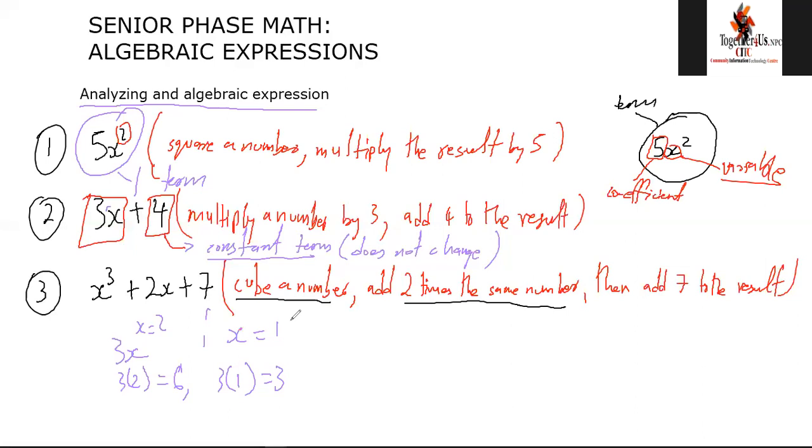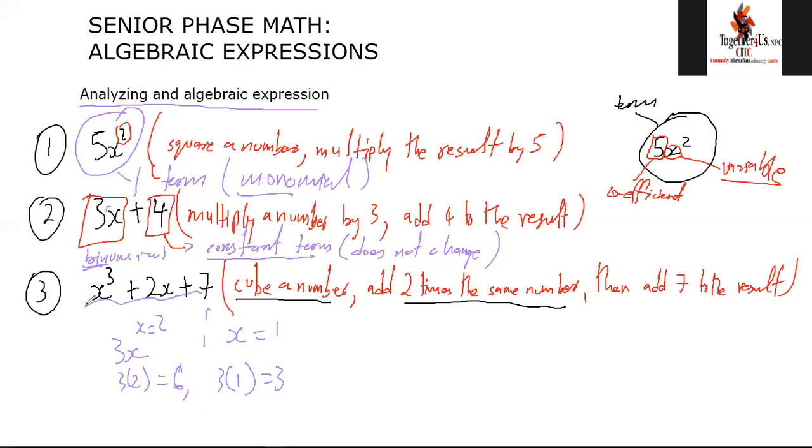Now, let me conclude and finish off this video by saying to you, when an expression has one term, we call it a monomial, and the word mono means one. When an expression has two terms, we call it a binomial, and the word bi means two.